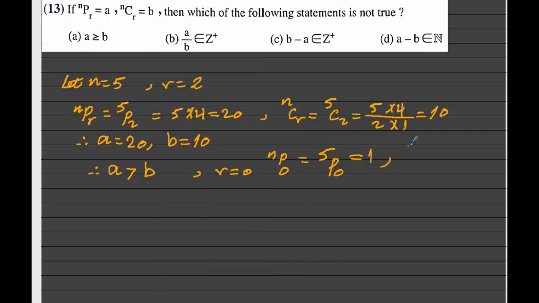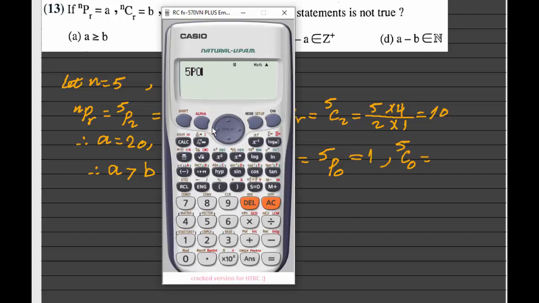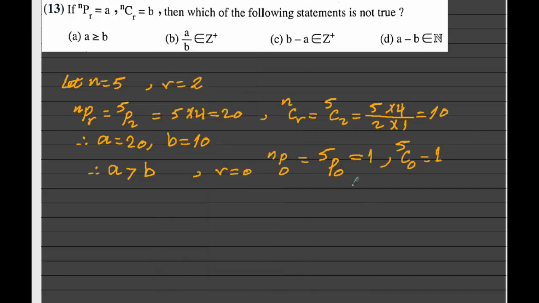And 5C0, here we try it in calculator, also equals 1. So the first statement, A is greater than or equal B, is always true.